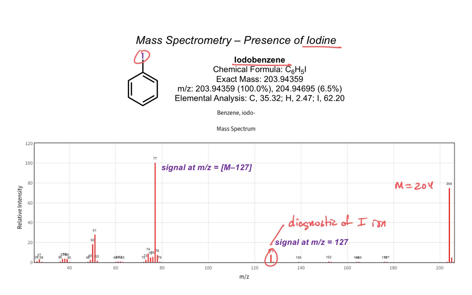Alternatively, if we take 204 and we subtract 127, what we'll find is we get this peak at 77.